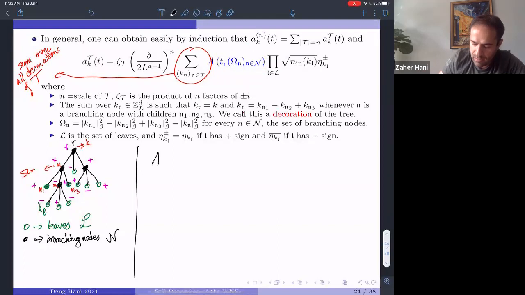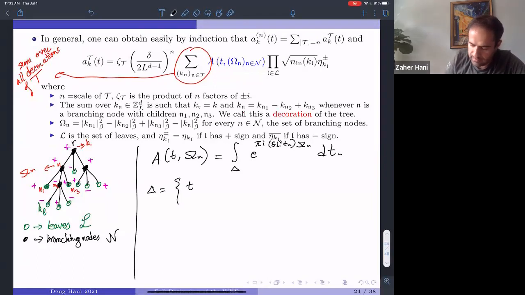This A of t, omega n is given by the integral over a set delta of e to the pi i, sum over n of t_n omega n, dt_n, where delta is the set where t_n belongs to [0,t] for each n in script N. I'm not done with the definition, so let me erase this.